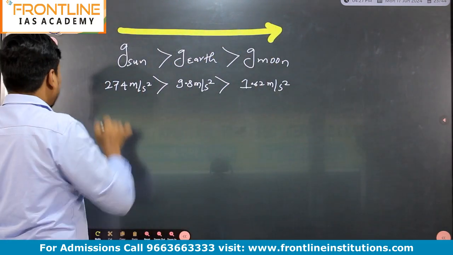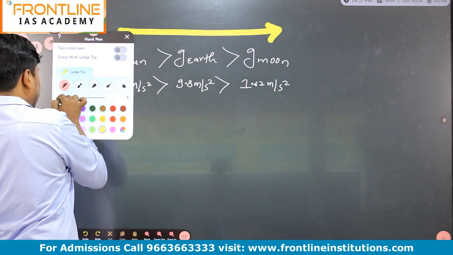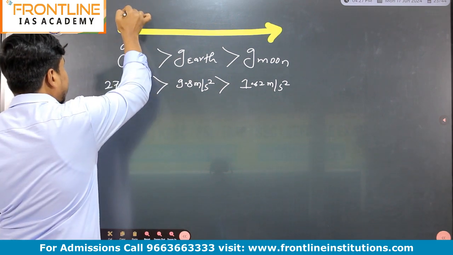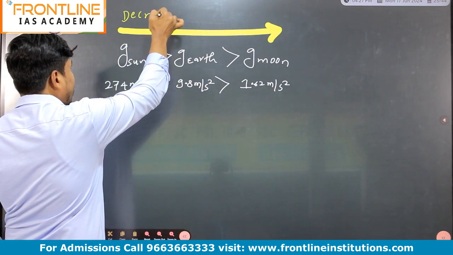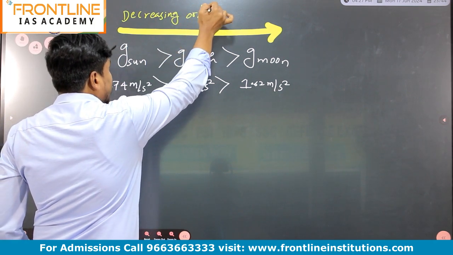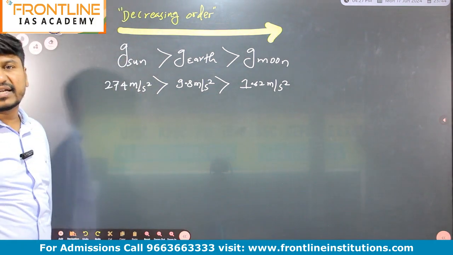So in decreasing order, g sun is greater than g earth is greater than g moon.